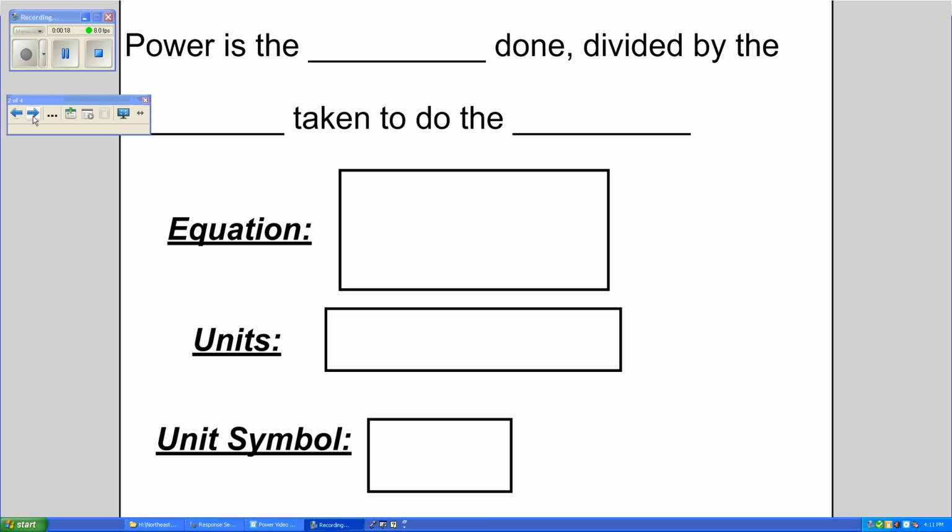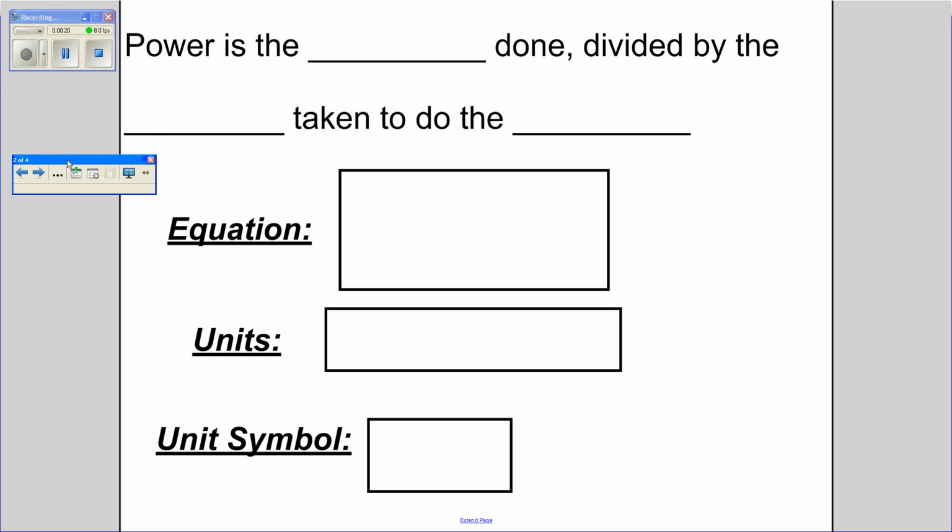Okay, so power is just a little step up from what we've been doing. Power is the work done divided by the time that it takes to do that work.